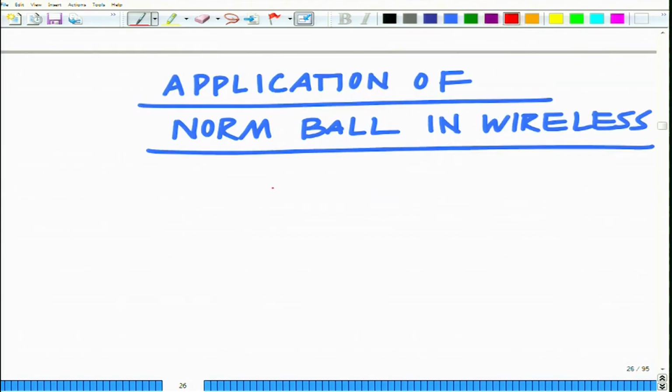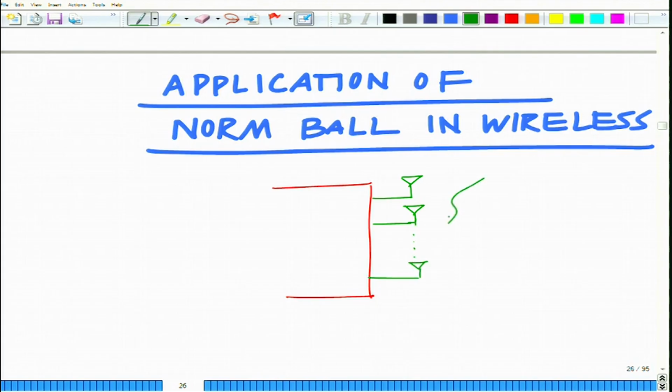For instance, again let us go back to our multi antenna beamforming problem. And we again have the different signals.